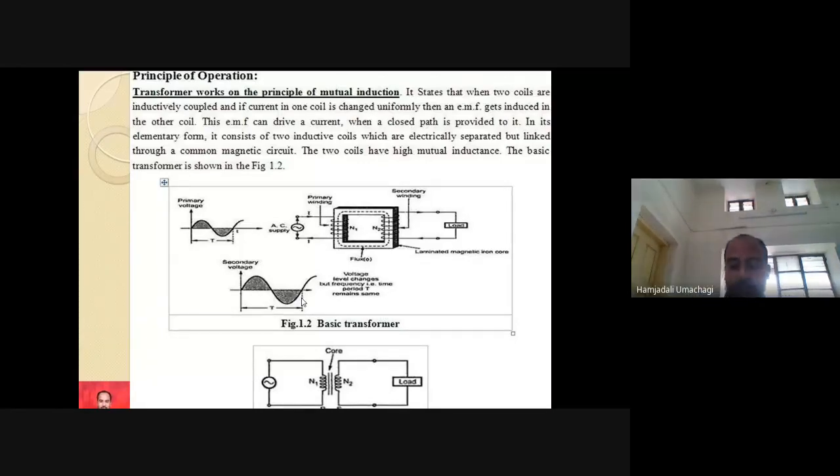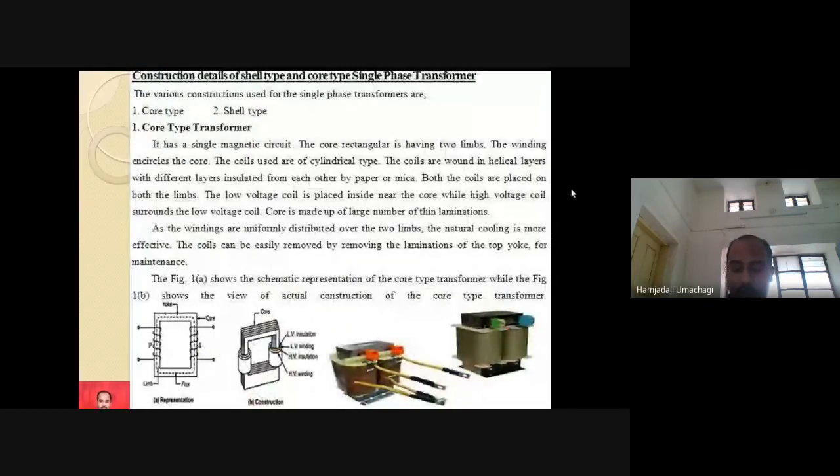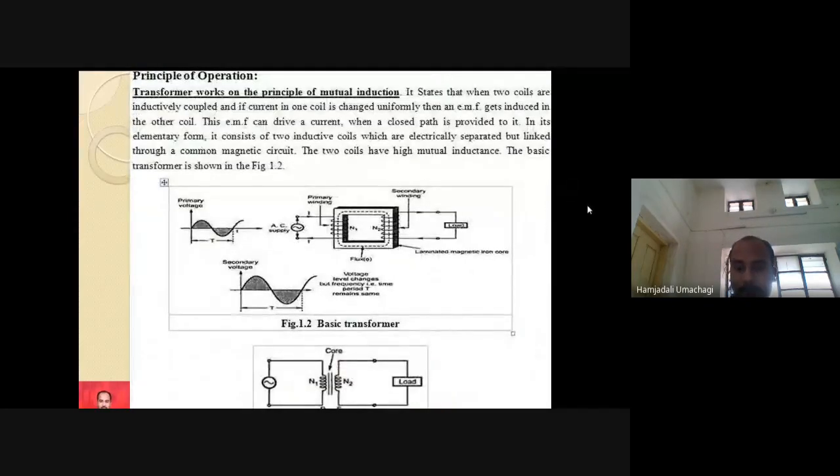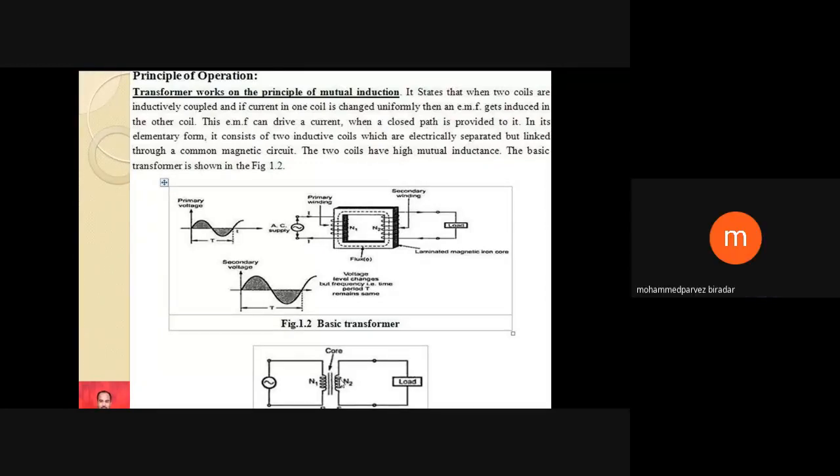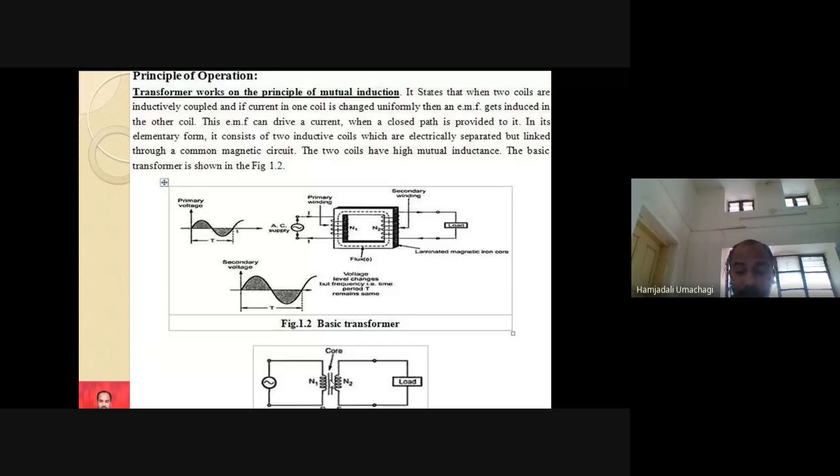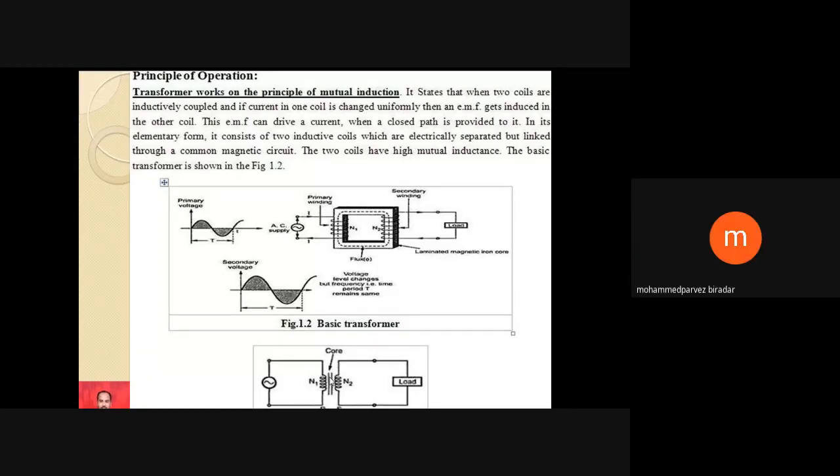Then comes the representation. So this is the input symbol. Then windings. What is the meaning of these two double lines in between primary and secondary winding? Mutual induction, magnetic flux.